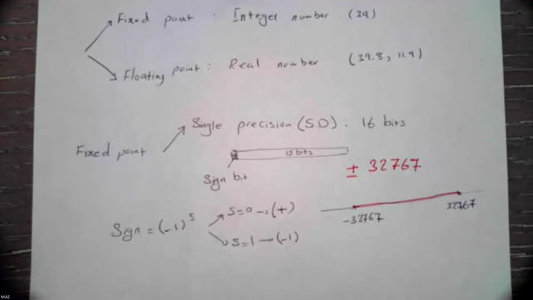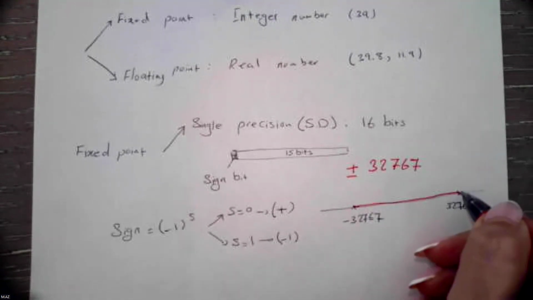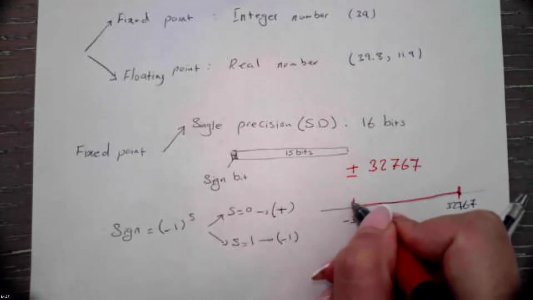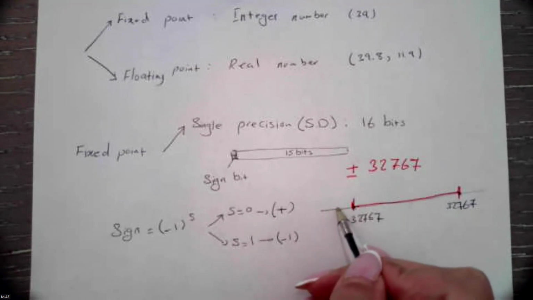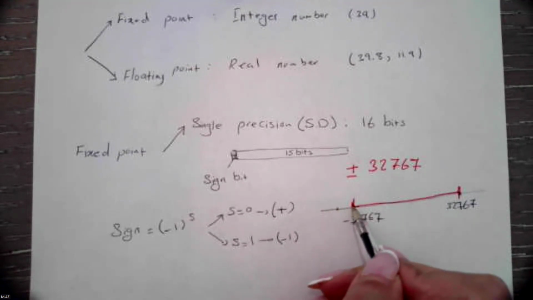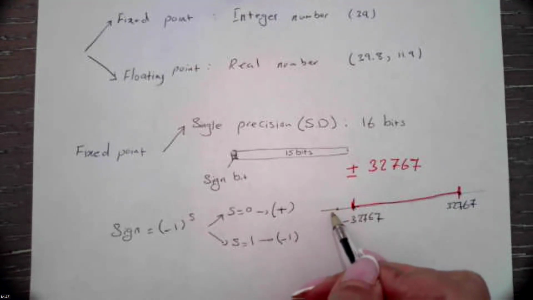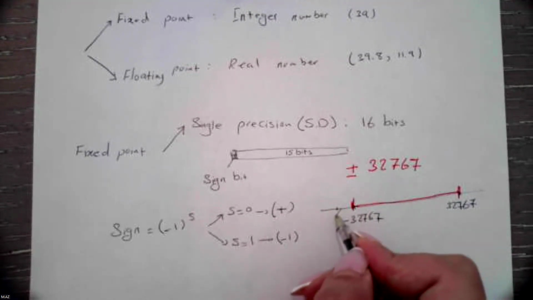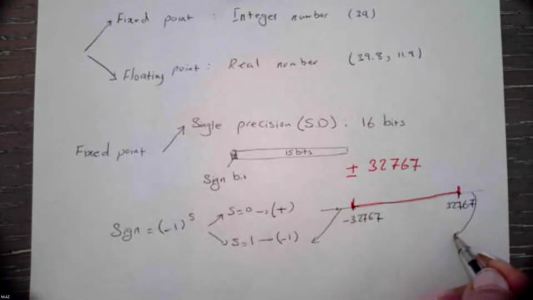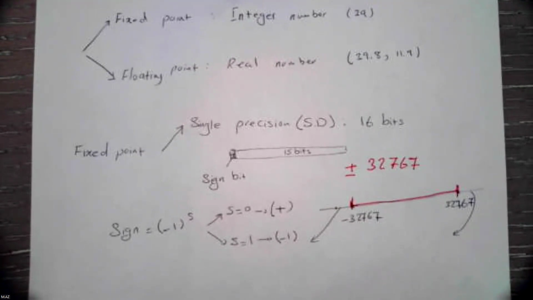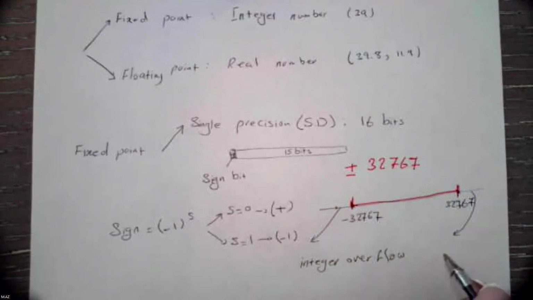But if you attempt to store a number larger than these two values, what happens? For example, if I try to store any number beyond this value, we will get an error, and this is called an integer overflow error.